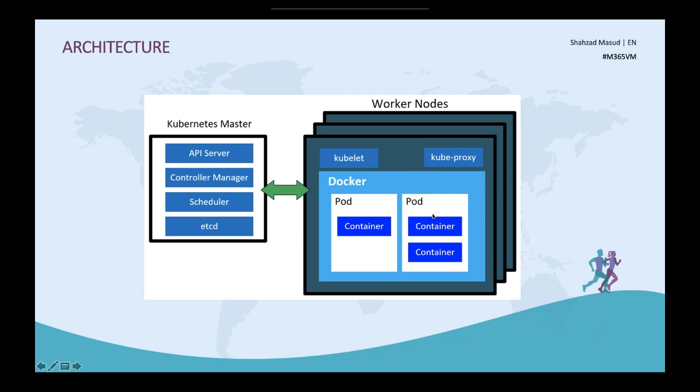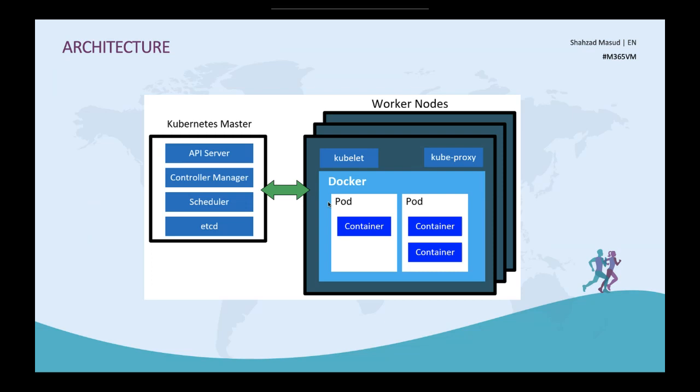If some container is not in a healthy mode, we can always drop that container. But this automatic health handling is done by etcd and the controller manager. So the controller manager and etcd take care of the health scenarios. If some container is not working fine, take it out, bring back new containers, spin up a new pod, and do all the things.